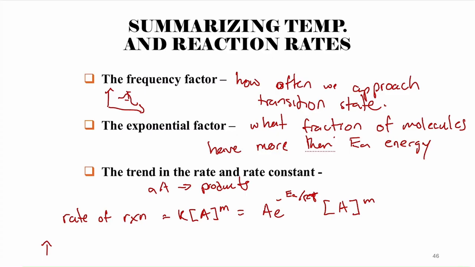An increase in lowercase k means an increase in uppercase K, and a decrease in lowercase k means a decrease in uppercase K. Rate constant, rate of reaction.